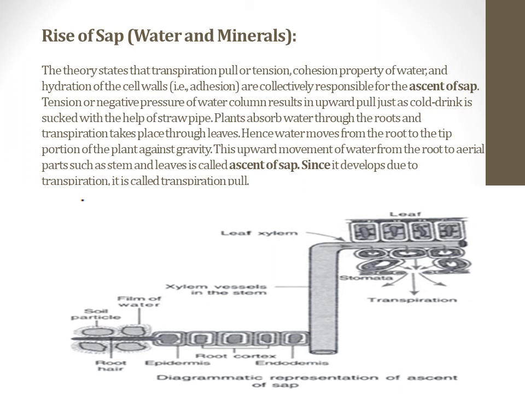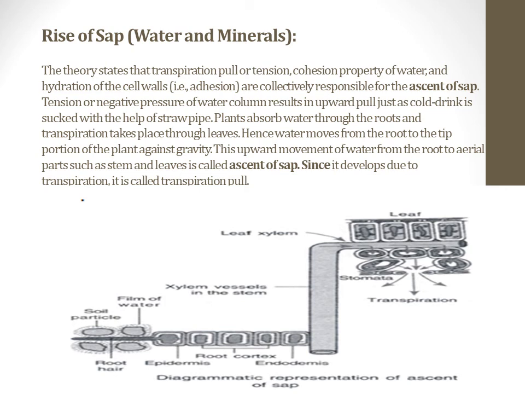Now you are clear about why this upward pull is created. Again, I have already given you the example of cold drink. Plants absorb water through the roots and transpiration takes place through the leaves. Hence, water moves from root to the tip portion of the plant, and all this is happening against gravity.